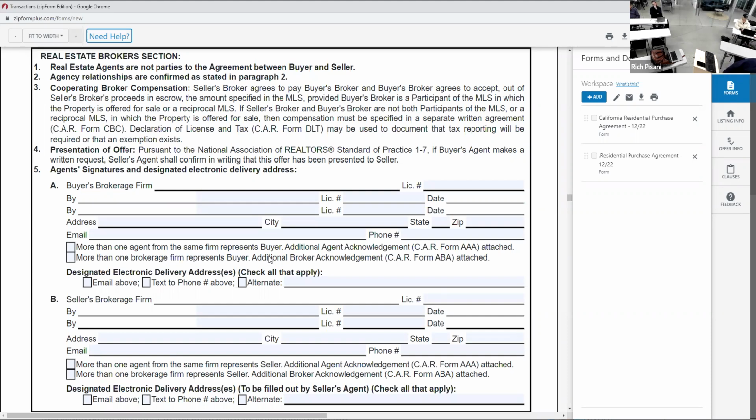What you want to fill out on both sides is the designated electronic delivery address. So if you're presenting the offer, what email address are you going to say, if it's sent to this address, then it's delivered?